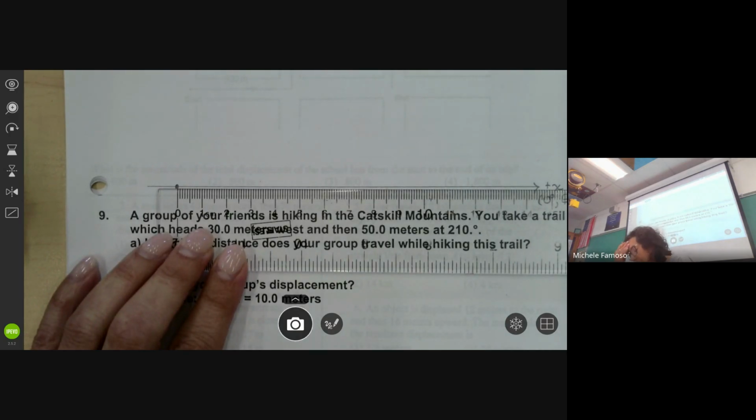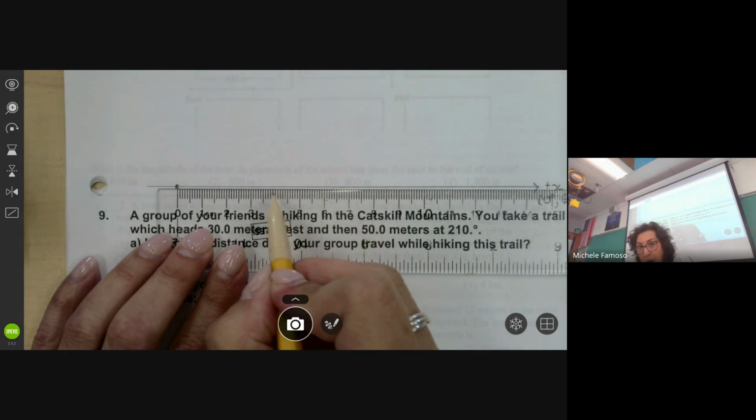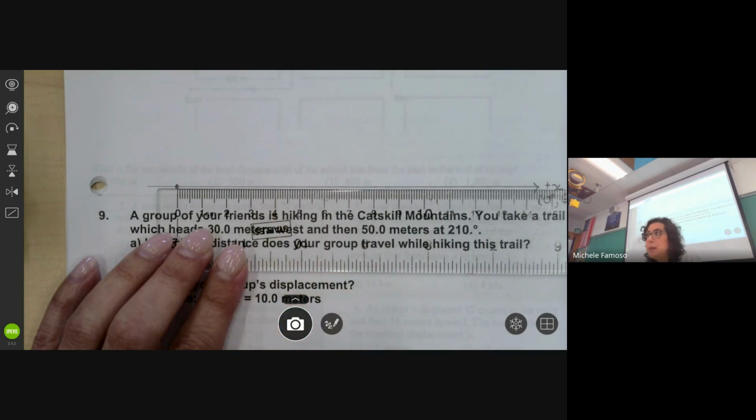Now, you've got to be careful about this. If you are off by even 1 millimeter, one little line right or left of where you should be, your final answer is going to be out of the tolerance range for the final answer, which means it would be marked wrong. All right, so I need you to be very careful about how you draw these. Do not be sloppy.